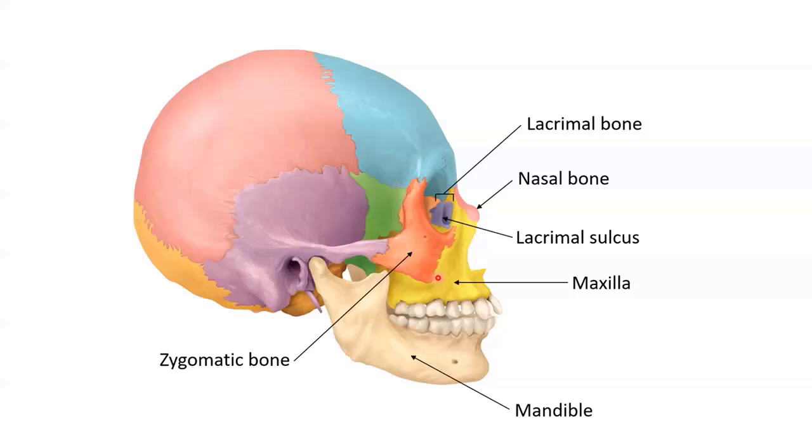The mandible is your lower jawbone and is actually the strongest of all our facial bones. And on each side of the mandible is a rounded projection called the mandibular condyle, which, as we mentioned before, articulates with the mandibular fossa on our temporal bone to form our temporomandibular or our jaw joint.